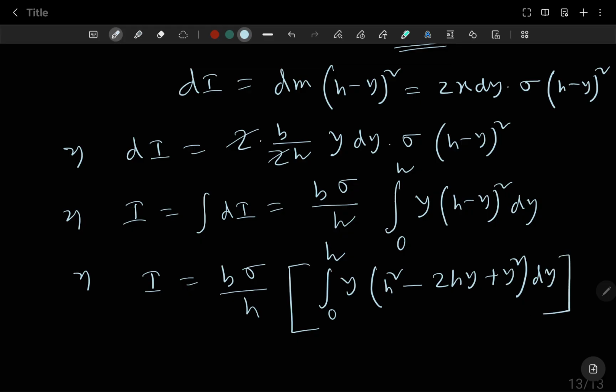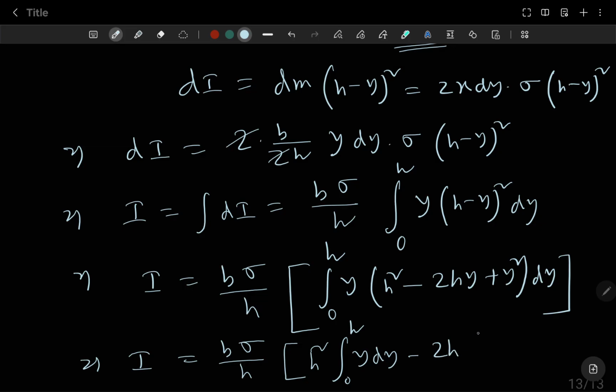So I will be b sigma by h times h square y dy from 0 to h, minus 2h y square dy from 0 to h, and finally y cube dy from 0 to h.